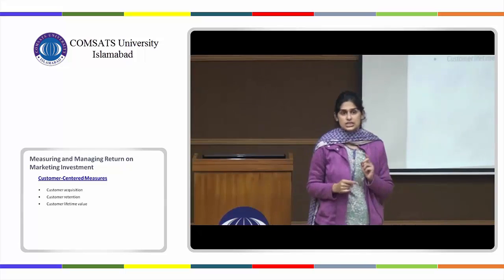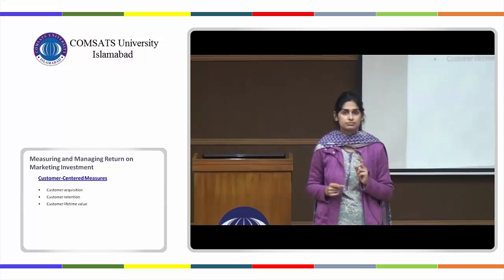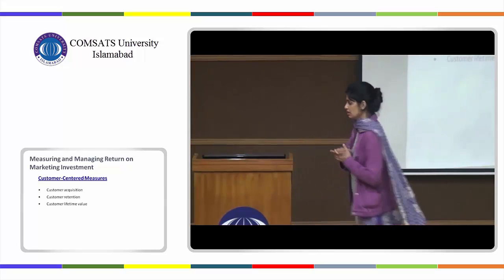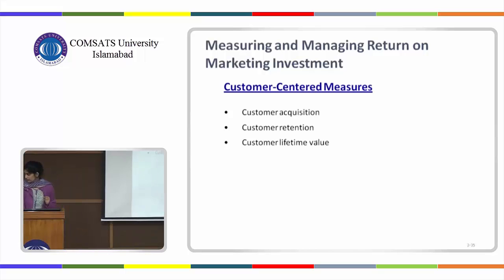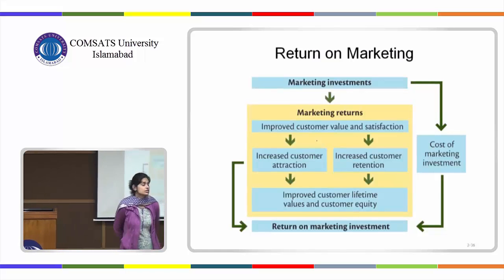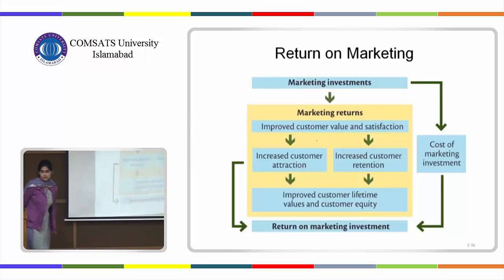You calculate all the CLVs, you add them up, and then what do you calculate? Customer equity, right? Now, on the same topic, how do you calculate return on marketing?